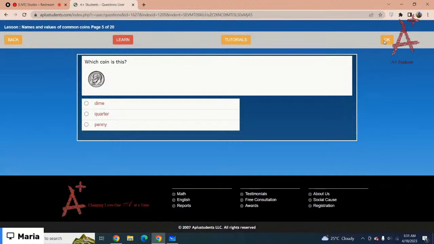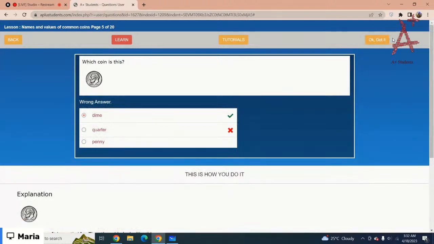Which coin is this? Dime, quarter, or penny? It would be, which one is it? Dime, quarter, penny? Who knows the answer? It is the quarter, probably. No, that would be dime.